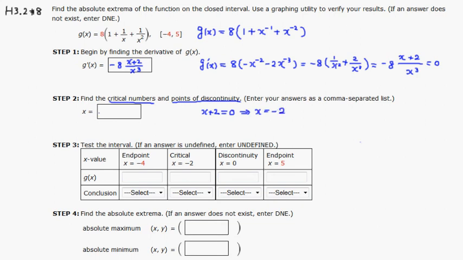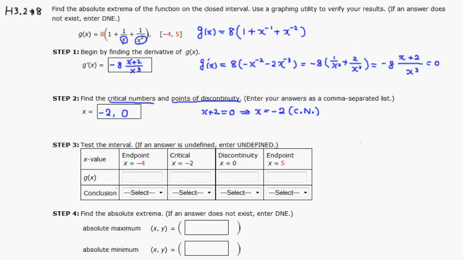Right? So negative 2 is a critical number. But this function is undefined when x equals 0 because there's x on the bottom. So 0 is the point of discontinuity. So 0 should be there too. So the critical numbers are negative 2 and 0.